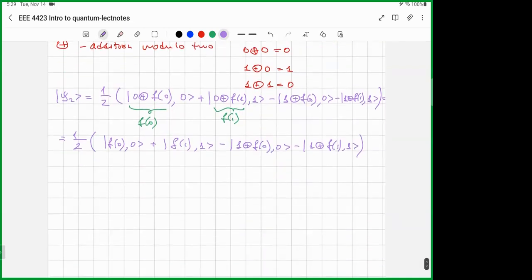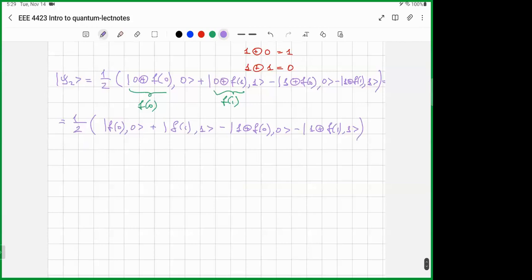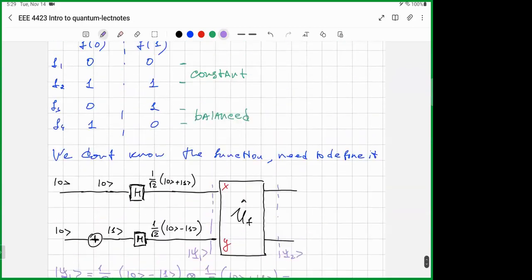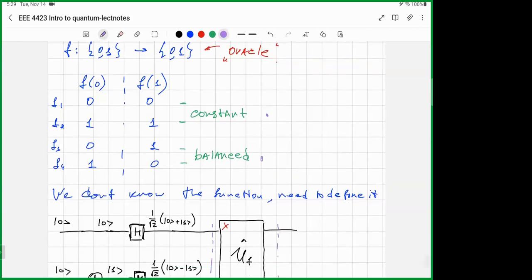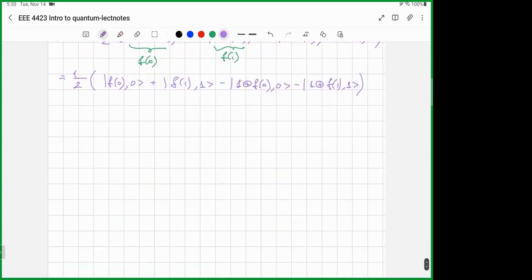Okay, so now let us consider the two options, either constant function or balanced function, these two options separately. So let's start with the constant function. If f(x) is a constant function, then what does it mean?